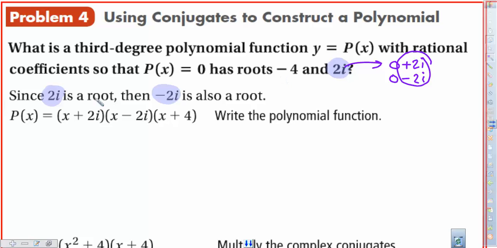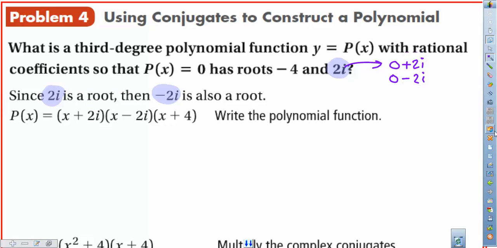So if 2i is a root, -2i is a root, and -4 is a root, see how they handle -4, no different than before. And look at how they handled the 2i and the -2i, exactly the same way. Still play that opposite game there.